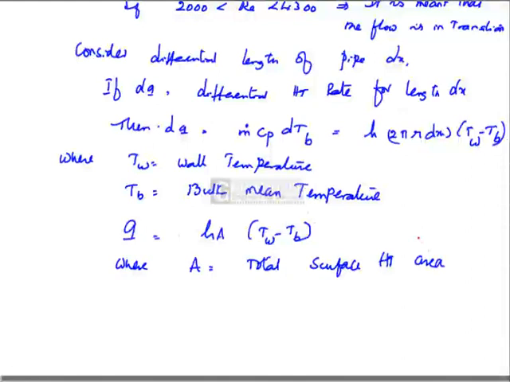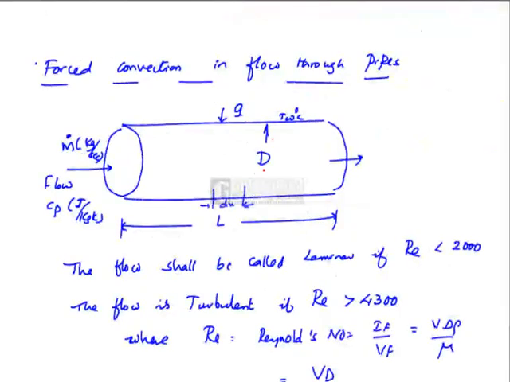Please note that in the above equation dq is equal to m dot cp dtb, that indicates the change in enthalpy of the fluid as it flows through a distance of dx, whereas right hand side h into 2 pi r dx is the area of heat transfer for a length of dx. T wall minus Tb is the temperature difference between the wall and the bulk mean temperature of the fluid. Where A is the total surface area, I can consider this as pi dl, where d is the diameter of the pipe and l is the length of the pipe.